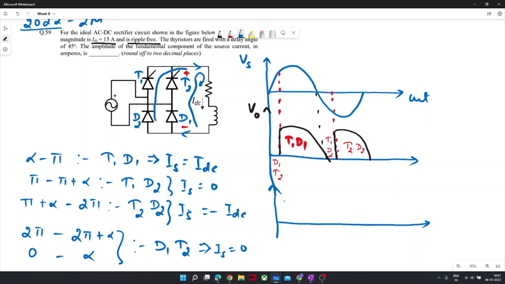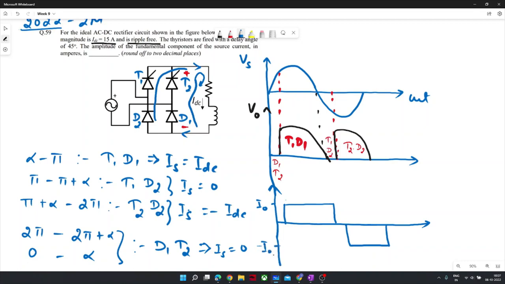Now I can easily draw the current waveform of IS. From alpha to pi, IS would be equal to I naught, and from pi plus alpha to 2 pi, IS would be equal to minus I naught.